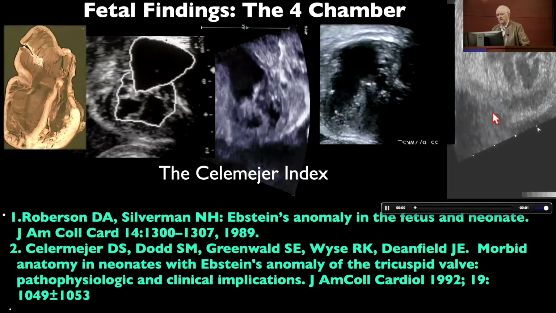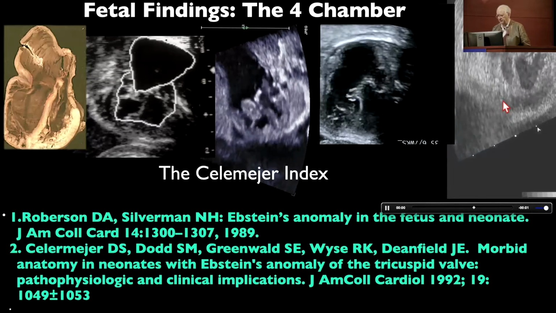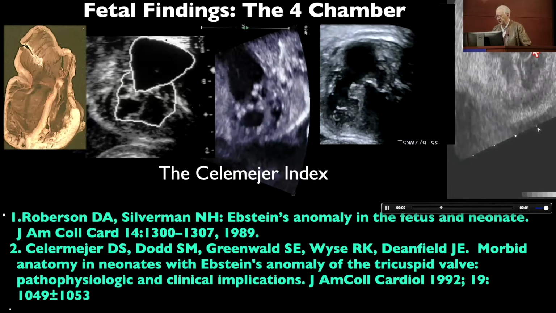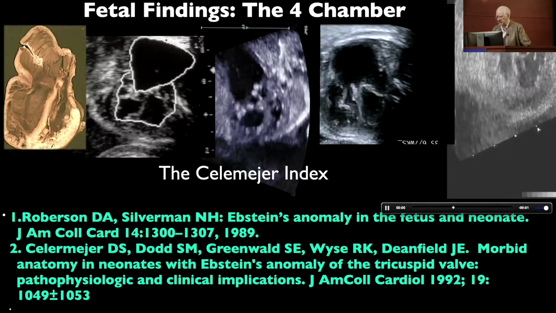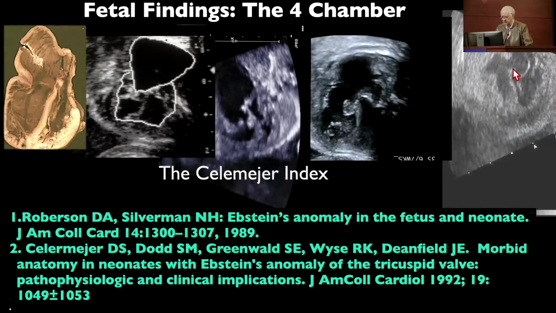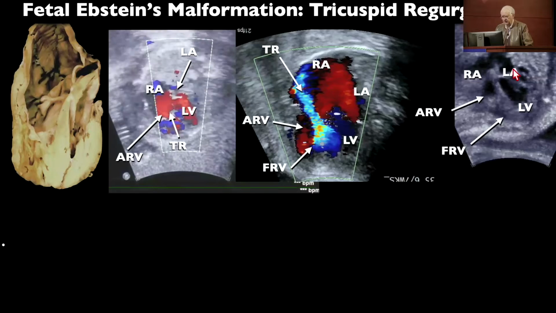In this patient, the valve has been rotated so far forward that it's actually not visible, and this is all atrialized right ventricle. And tremendous increase in the bulge of septum primum into the right atrium. Now, the physiological feature of these patients that's important that I've alluded to is the development of tricuspid regurgitation.